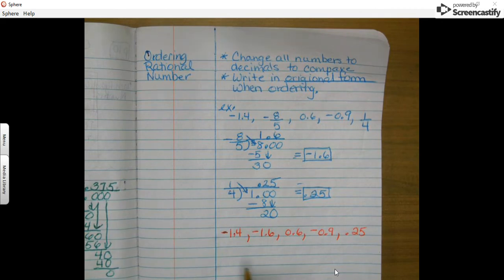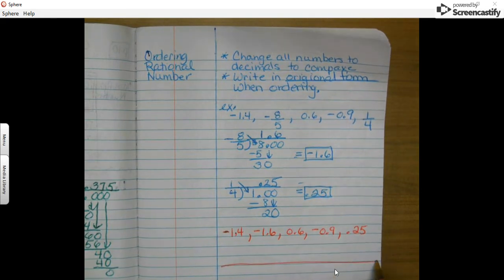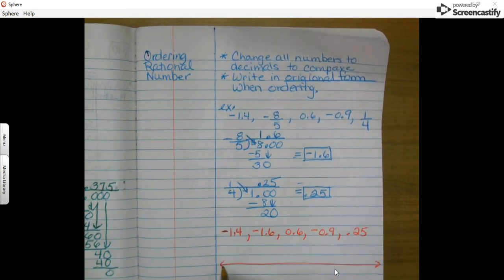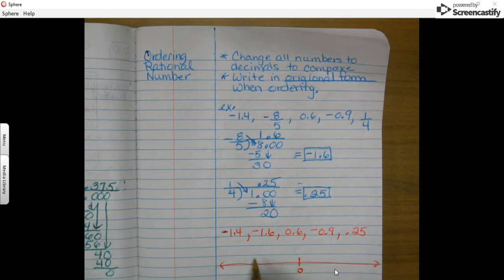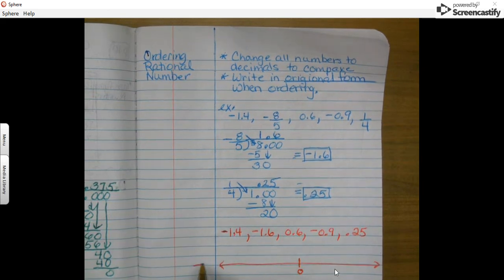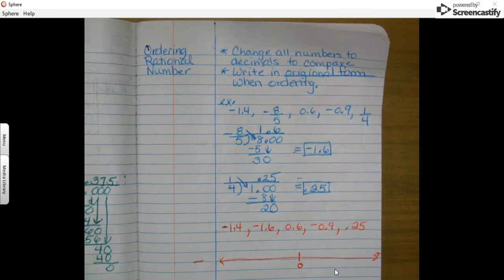So now I'm going to draw a number line. And in the middle, I'm going to put a 0. This is my negative side, right? Down here, my negative side. And this is my positive side. So all my negative numbers are going to be to the left of the 0.